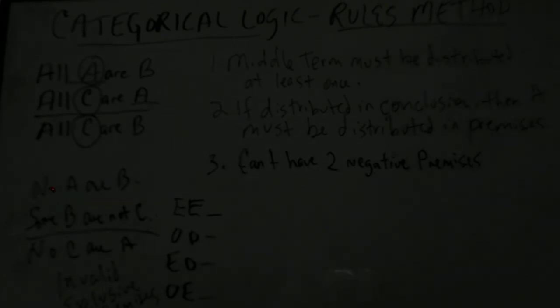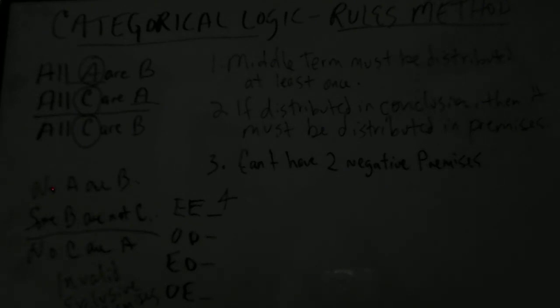The fourth rule says that a negative premise requires a negative conclusion, and a negative conclusion requires a negative premise.